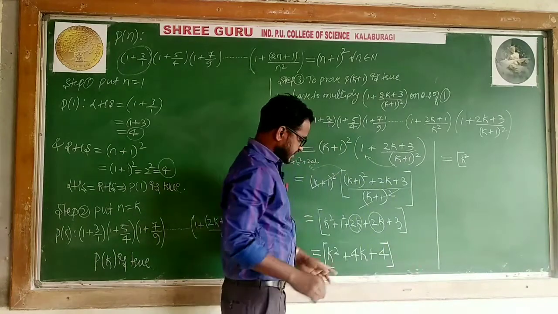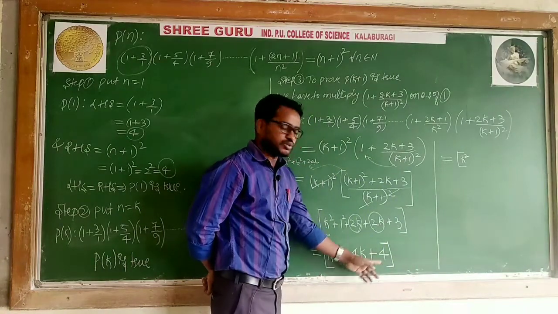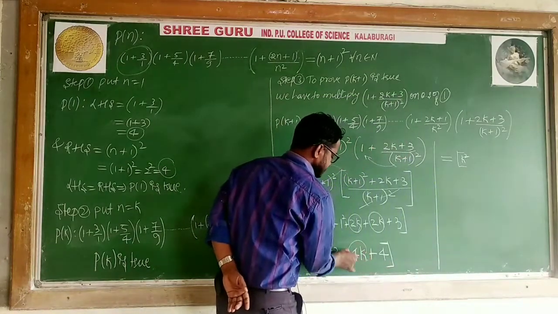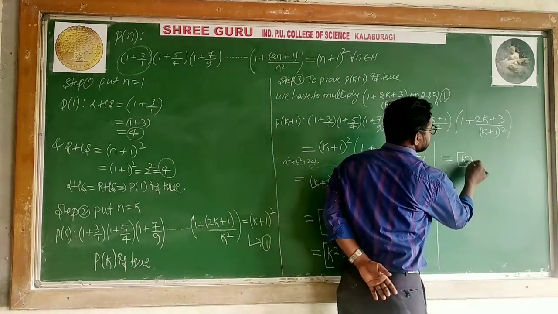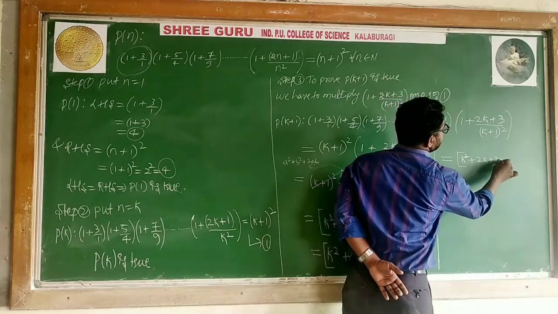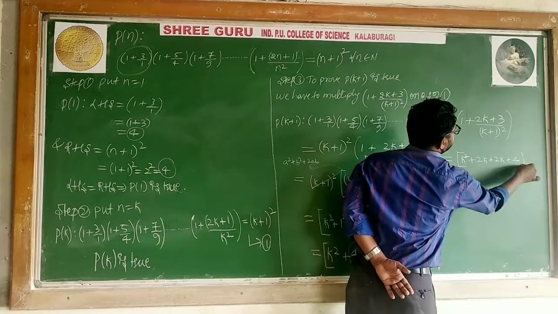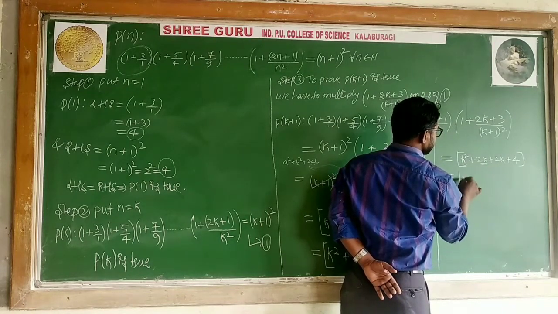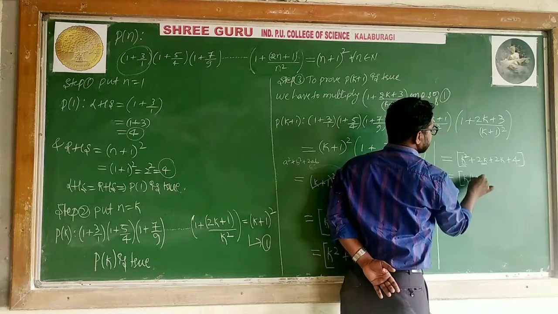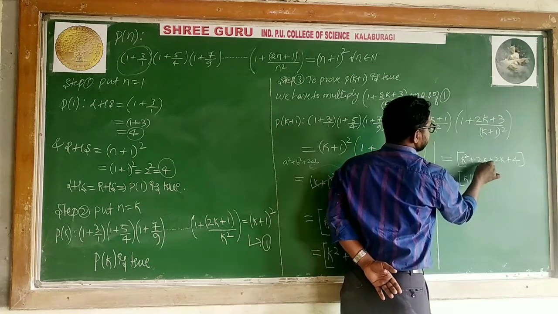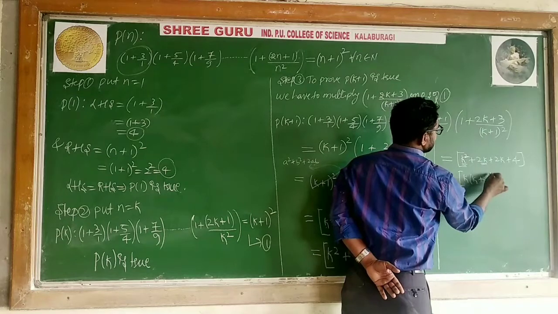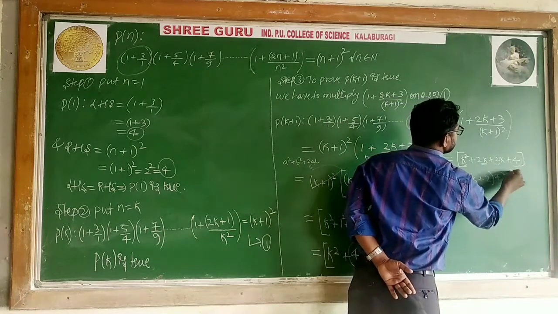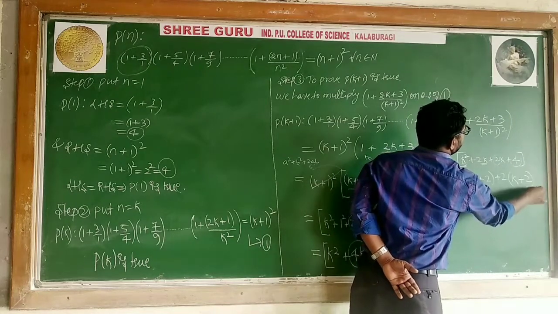Can I make this into factors? 4 means 2 into 2. So 4k can be written as 2k plus 2k, plus 4. Taking k common, what remains? k square means k remains, plus, here k goes, what remains? 2. Taking 2 common from these two: 2k plus 2, 2 twos are 4, 1.